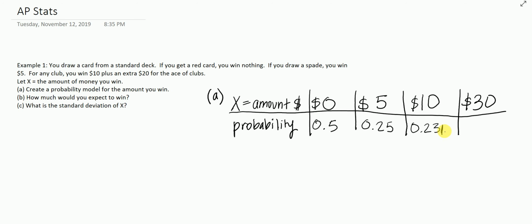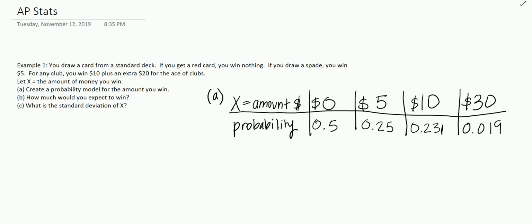And then to find the remaining, you would do 1 divided by 52, or you could add these 3 up and subtract from 1. If you do any of those options, you should get about 0.019. Okay, so we have our probability model for X, the amount of money you could win playing this game.